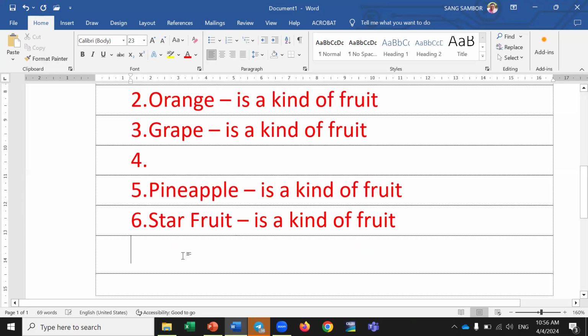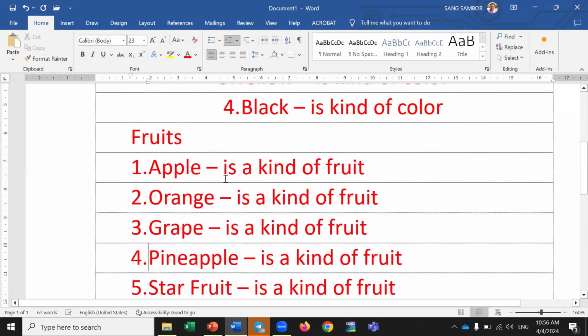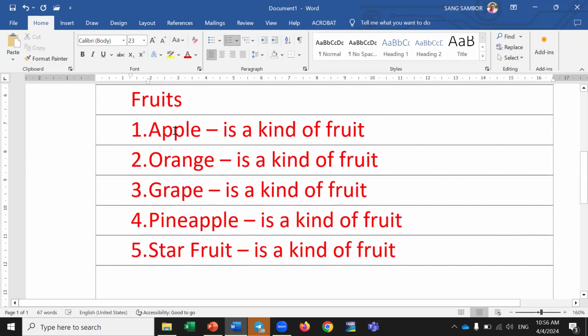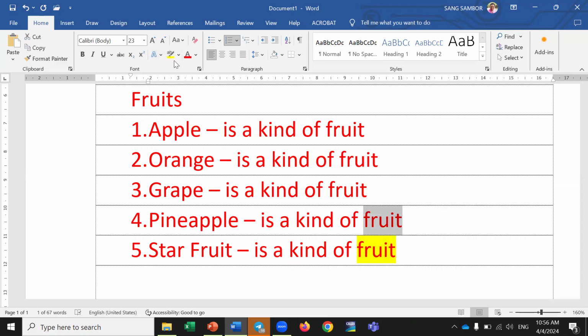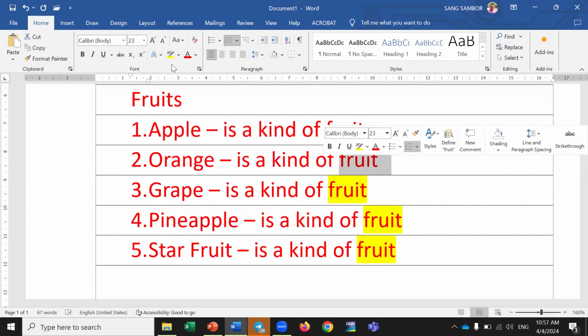You see the words orange, apple, grape, pineapple, star fruit here contain the same superordinate, fruit. You see that? They share the same superordinate, fruit.